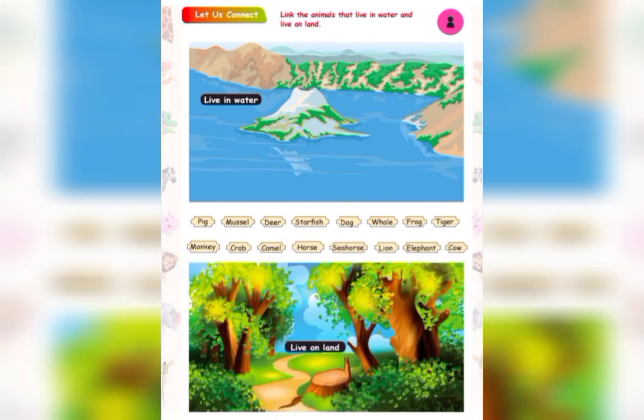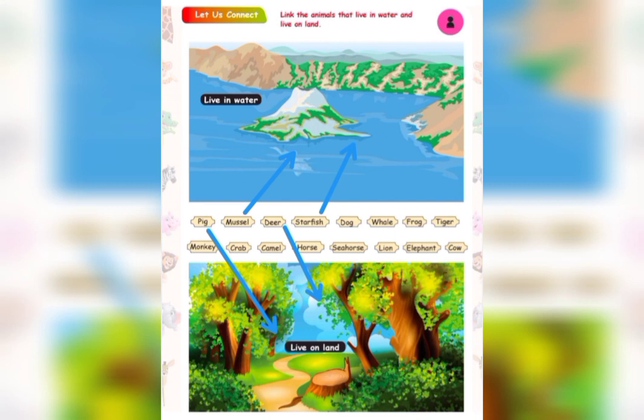Pig. It can live on land, so we have to match it. Mussel, this type of animal can live in water. Deer can live on land. Starfish live in water.